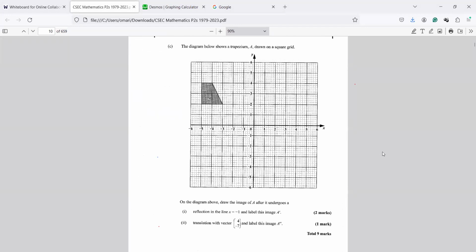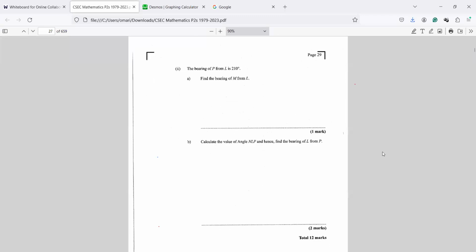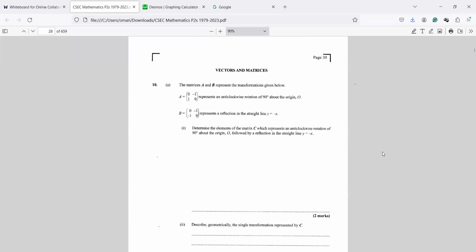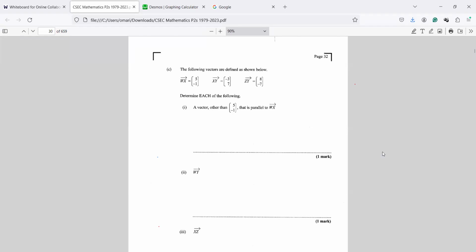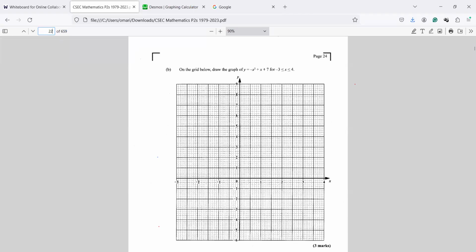There's another one that talks about X, Y. This one? No, that's matrix. I think it's on page 22. It's a part of question 8. Found it. Question 8, yeah.